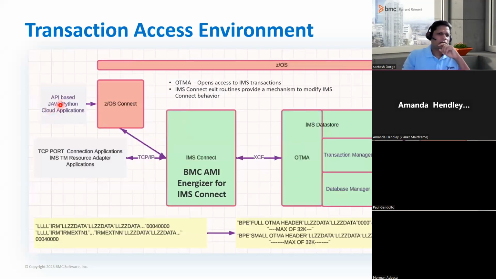Yeah, right here. So my Python-based application accesses the API from z/OS Connect, and in turn, it sends the information to IMS Connect. z/OS Connect converts the API information into the format required for IMS Connect, and then it will execute the MPP transaction in the MPR without modifying the transaction, and it can display only the selected information or expose only the required information that is defined in the API.